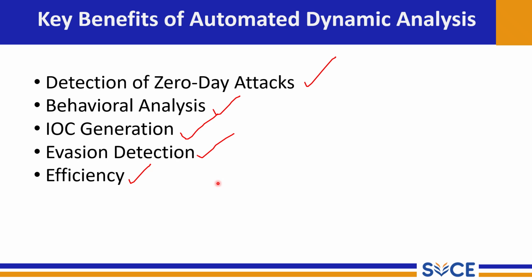Next, identifying zero-day threats: observing novel behaviors can help detect previously unknown or zero-day malware that lacks existing signatures, and generate actionable indicators of compromise, that is IOCs. The observed behaviors and artifacts, for example modified files or network connections, can be used to generate specific IOCs for threat intelligence and incident response, aiding in detection and prevention.